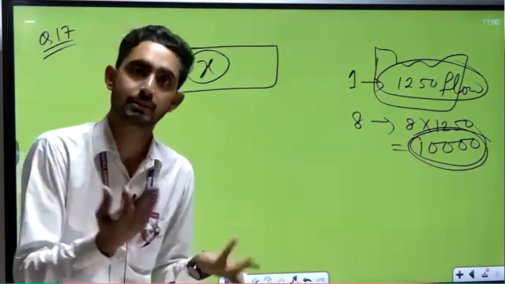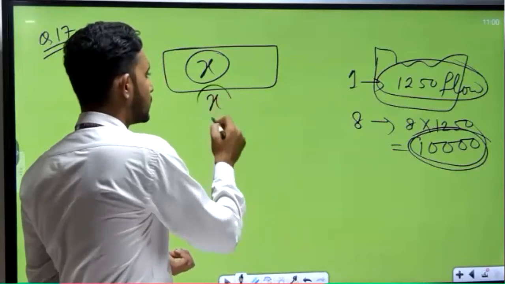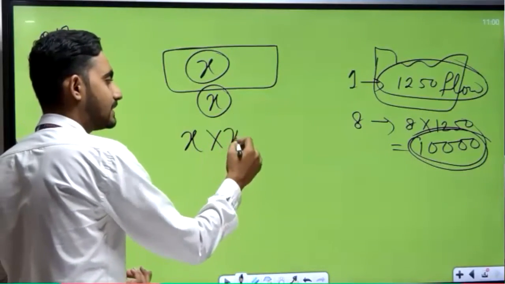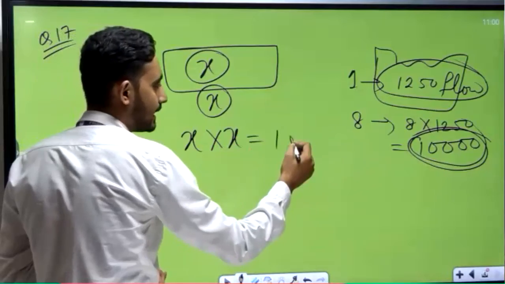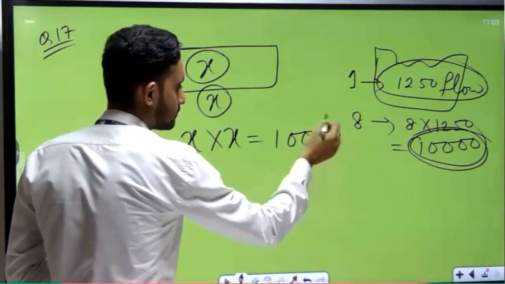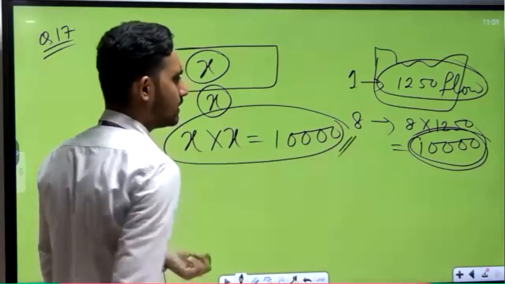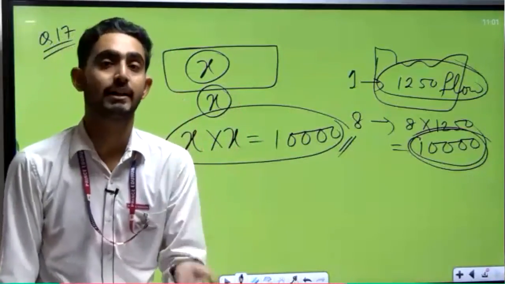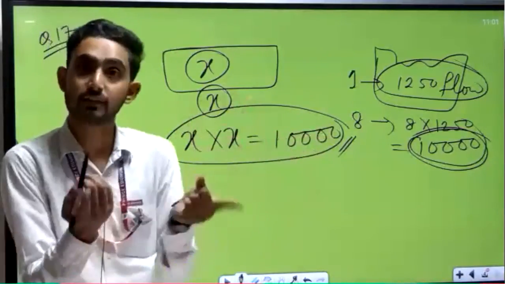Don't know. Consider X again. Similarly we can say X multiplied by X is equal to 10,000. That is the equation, and from this equation we can easily find the answer. You can easily find the square root.